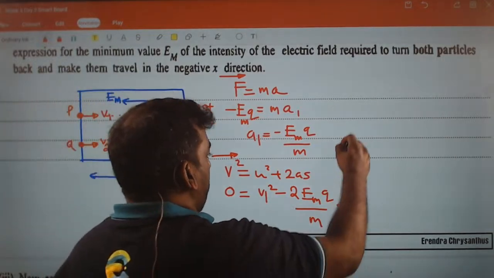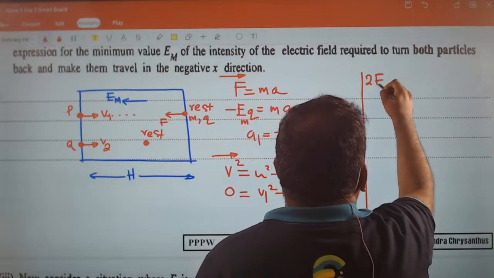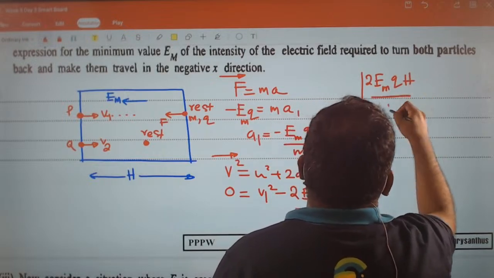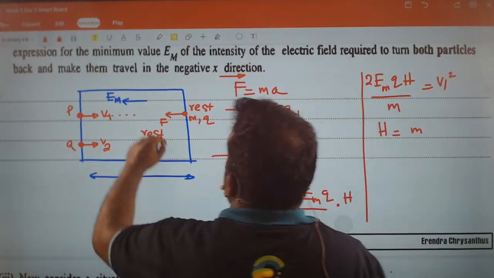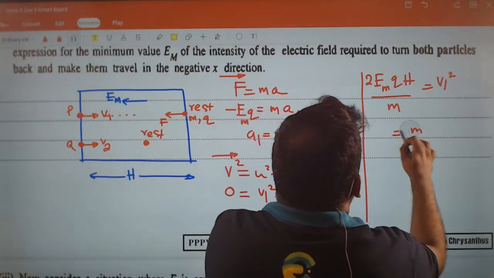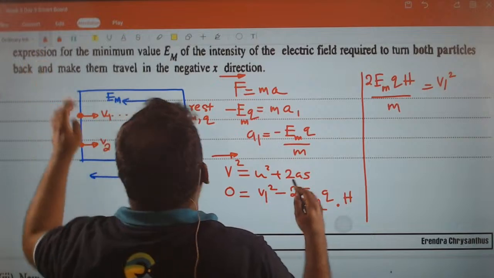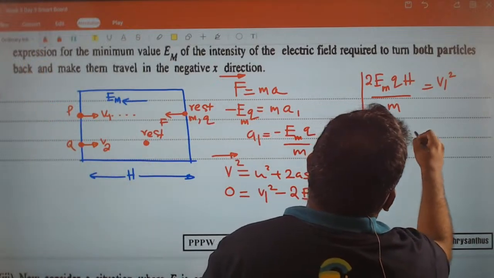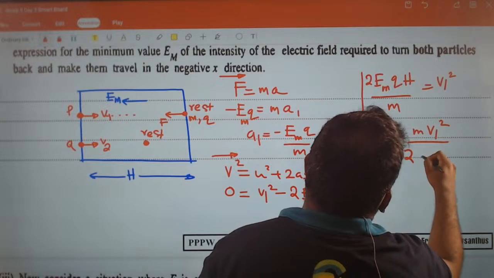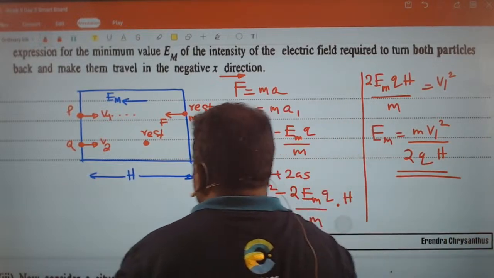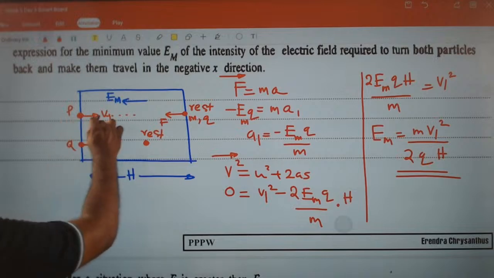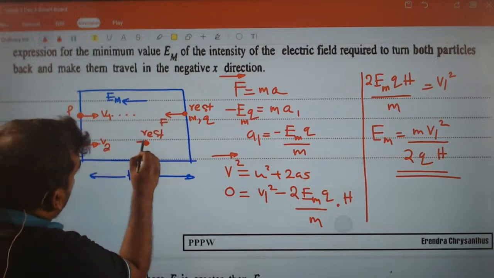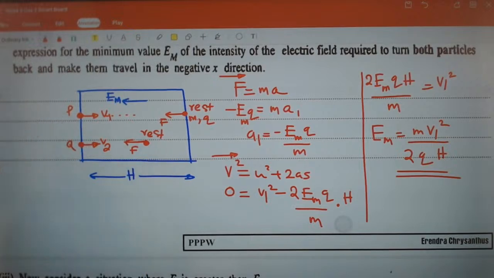Take it to the other side and simplify: 2 E_m Q h divided by m equals V1 squared. We want E_m. E_m is equal to m V1 squared over 2 q h.